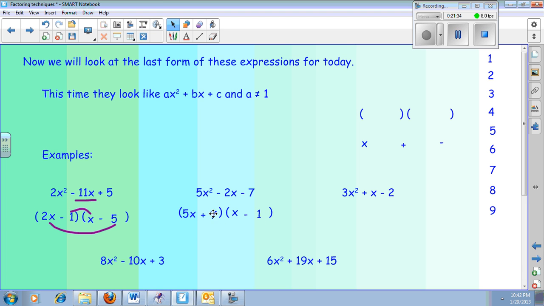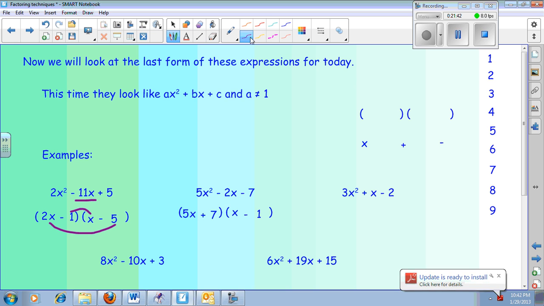So I'm just going to place those in there, kind of in a random order, and then check outside inside to see if we have our original expression, or our middle term, negative 2x. That's what our aim is. So 5x times negative 1 is negative 5x, and 7 times x is positive 7x. When we add those together, we get positive 2x, which isn't what we want.